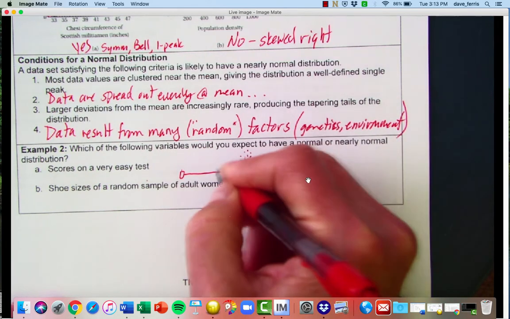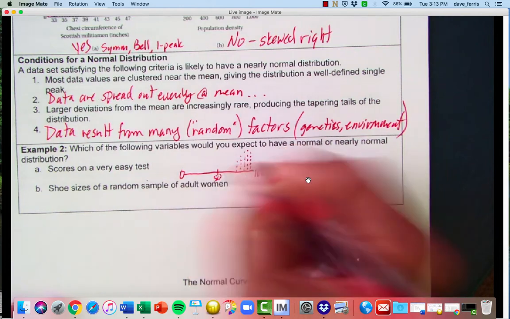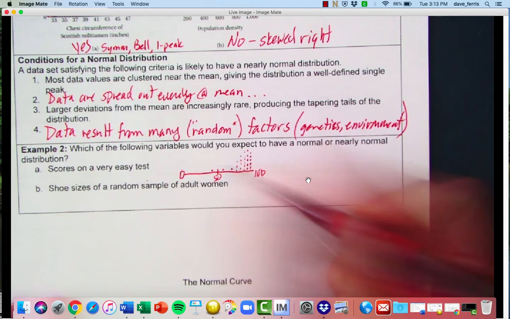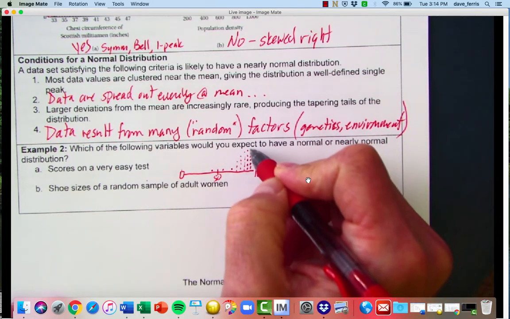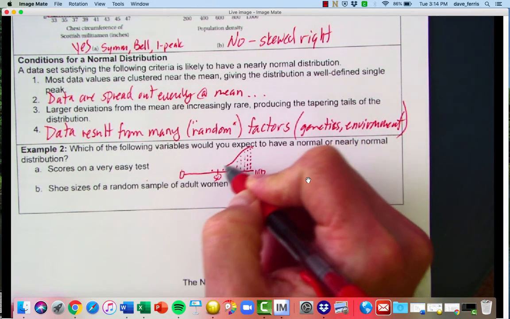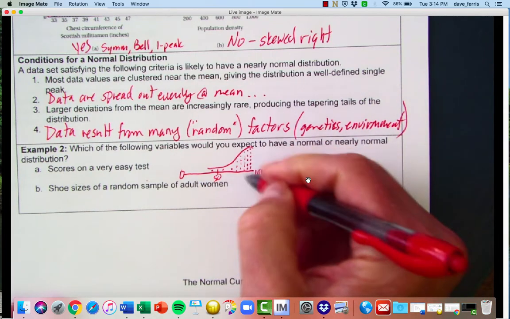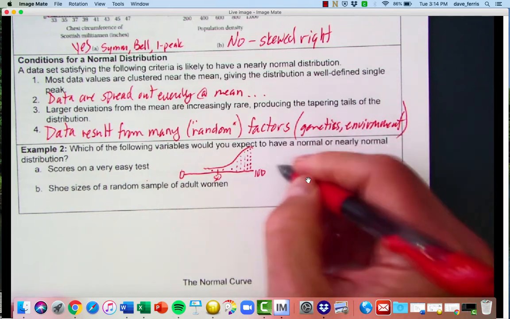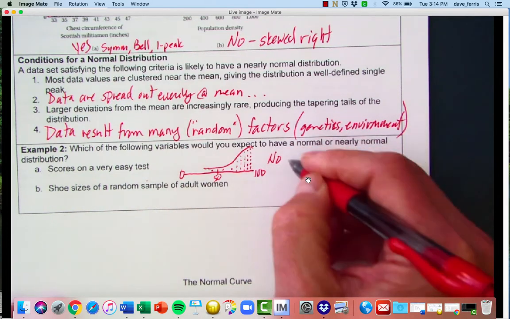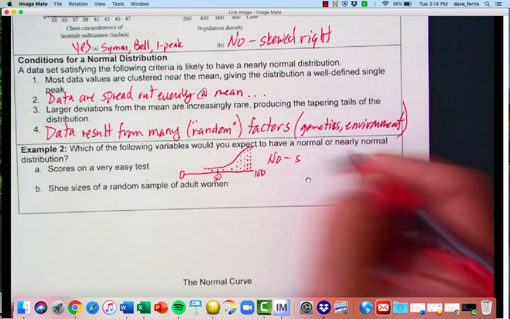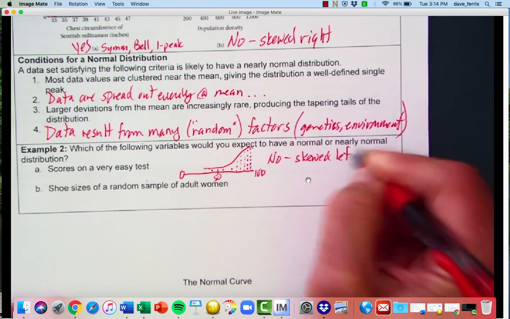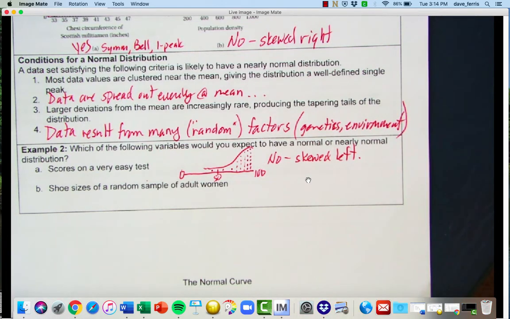But then as you go down closer to 50% correct, apparently there's not as many people that got scores down there. And so what I hope you can imagine is that this is not going to be a symmetric distribution. There's going to be a ton of really high scores and not many low scores. So this would be skewed left. So we would say, no, this is probably not going to be a normal distribution because it's skewed left. You do have to kind of put the story together based on just some common sense things.